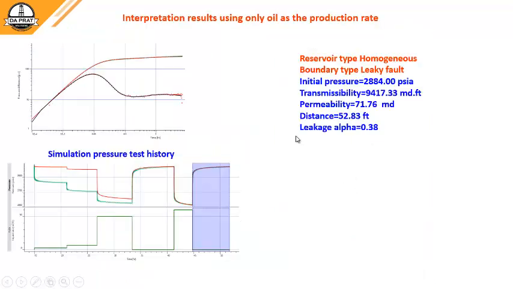Okay, so what we do now is let's do the interpretation just using oil as the production rate, and then we do the same that we did in the past using both productions, and you get the results. And for the simulation of the pressure test history, you can see here that even though it simulates very well the previous drawdown period, when you try to reproduce the whole test history, there is a situation which you can fix.